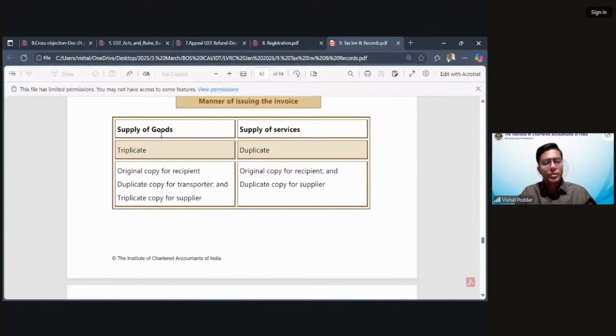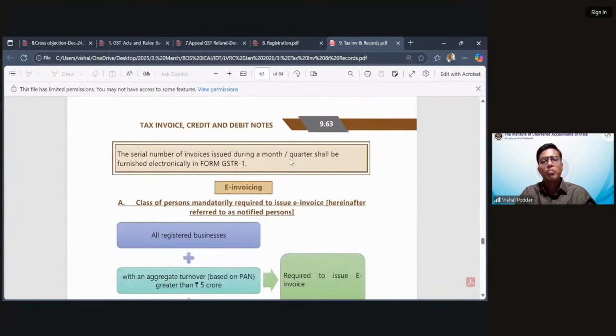In case of goods, compulsorily 3 copies, and in case of service, compulsorily 2 copies. You may have additional copies for your accounting or other MIS purposes, but from the perspective of GST, these are the minimum or required number of copies. Next, the serial number of invoices issued during a month or quarter shall be furnished electronically in form GSTR1.